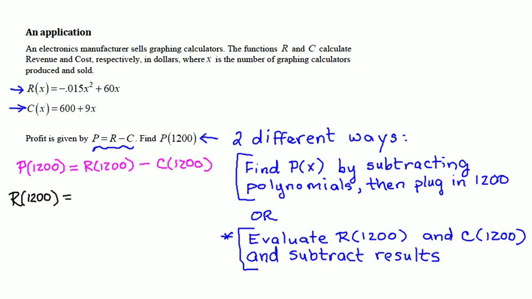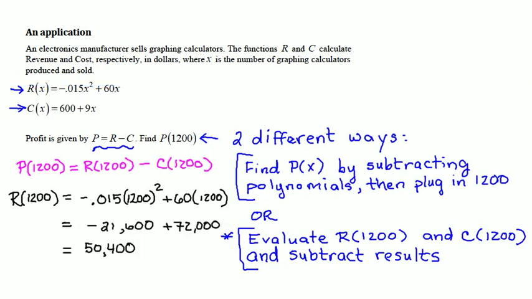R of 1200 is negative 0.015 times 1200 squared plus 60 times 1200. So for R of 1200, I get 50,400.